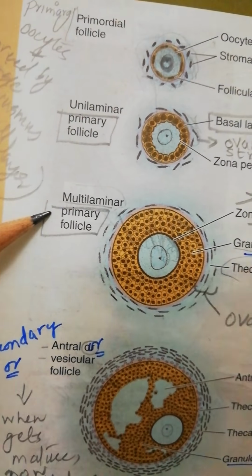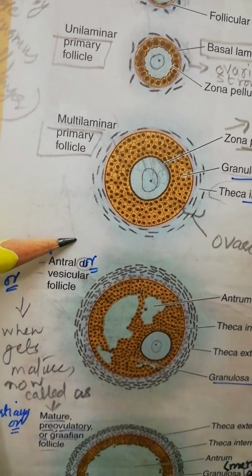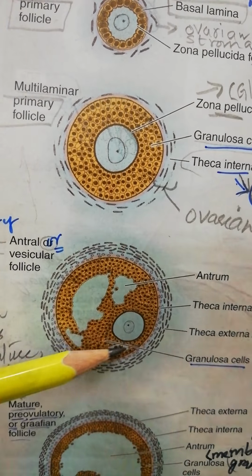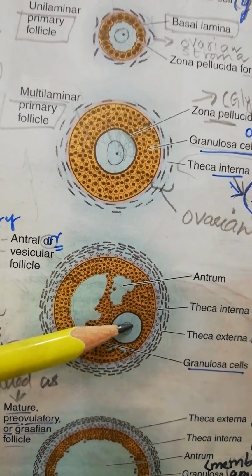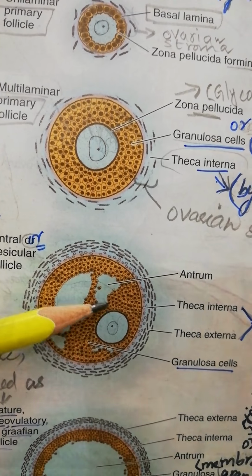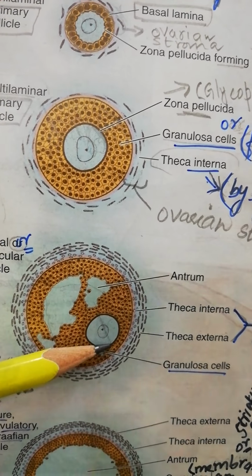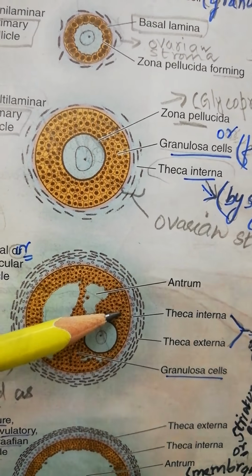Now, after entering the next progressive stage, you call it the secondary follicle. Now you can see that this oocyte is pushed towards the periphery, towards one side, with the growth of these follicular cells. How?